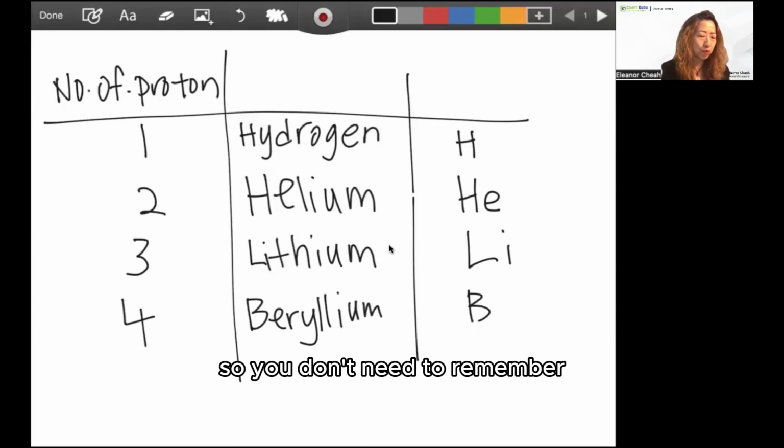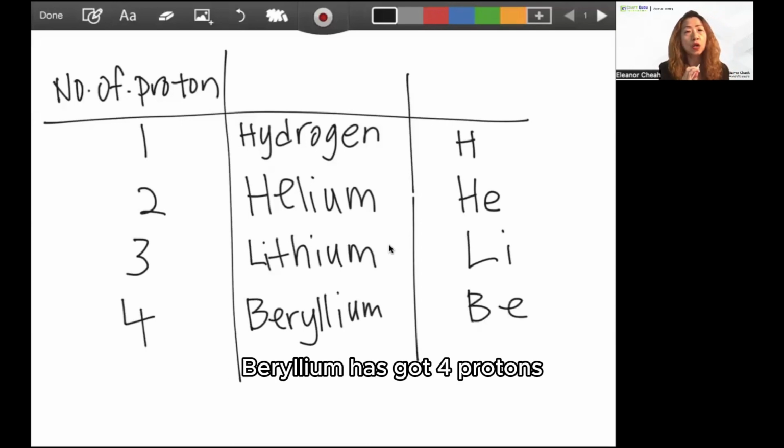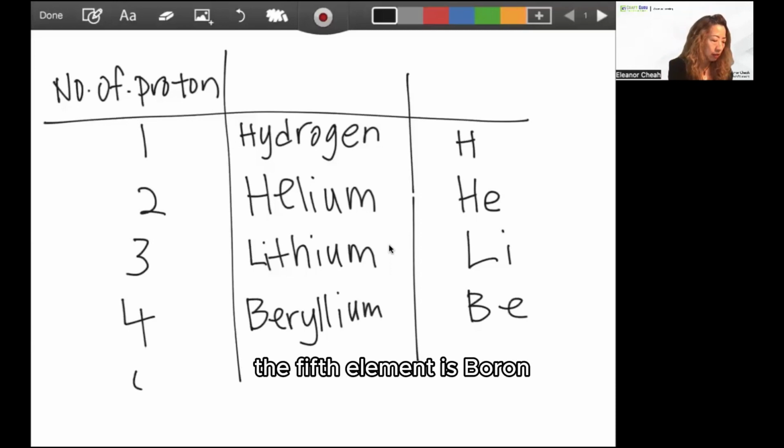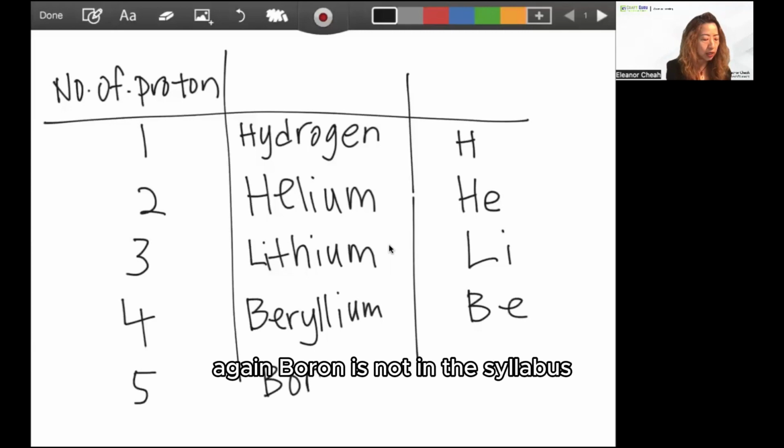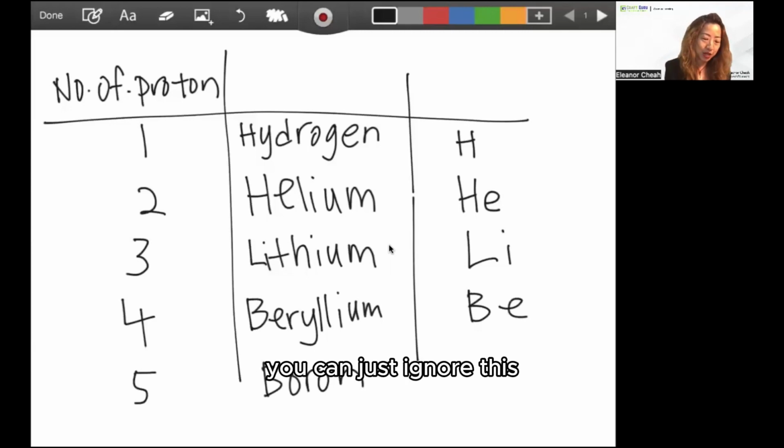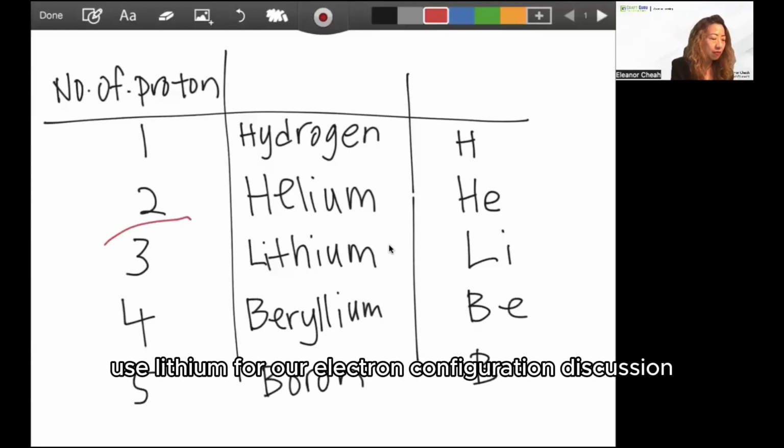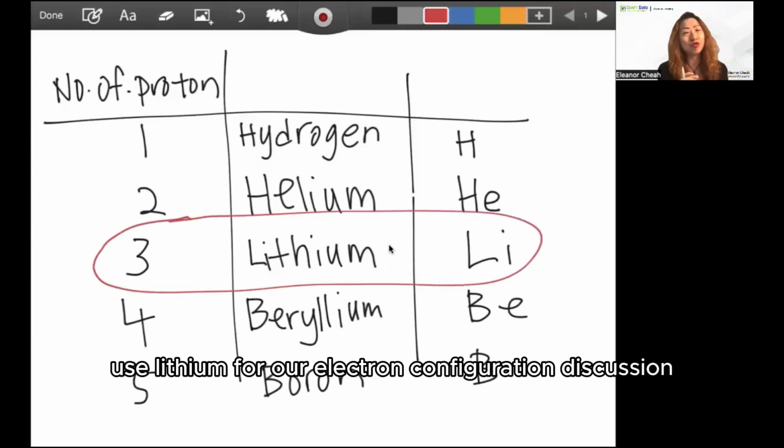So you don't need to remember beryllium has got 4 protons. The fifth element is boron. Again, boron is not in the syllabus, so you can just ignore this. Okay, 1, 2, 3. I'm going to use lithium for our electron configuration discussion.